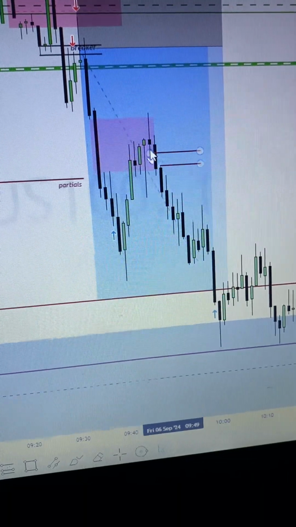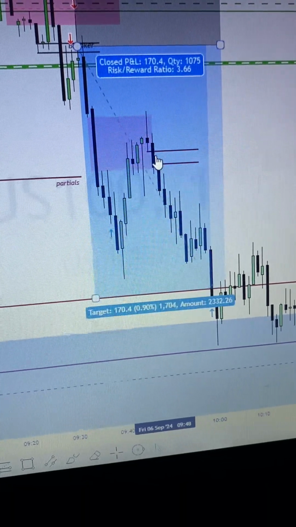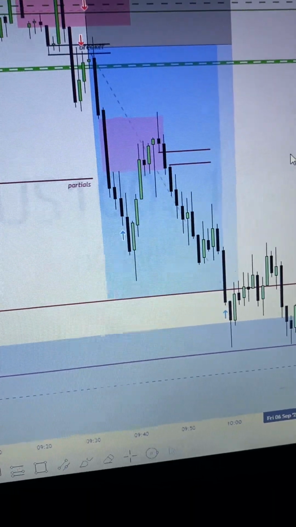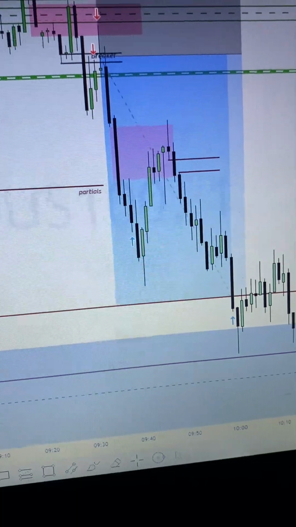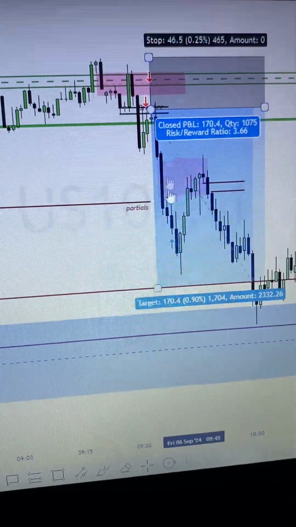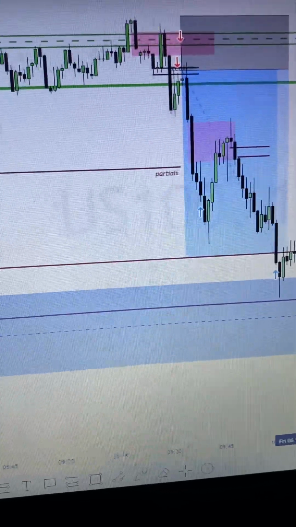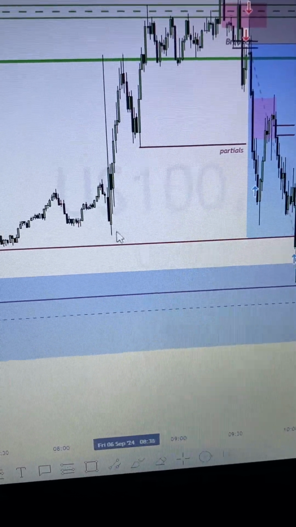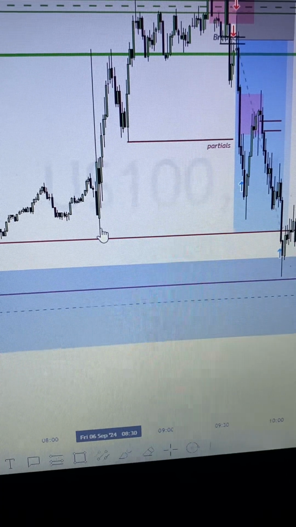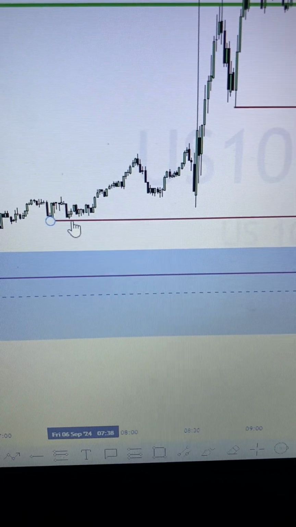Once I saw this fair value gap getting created, I got relieved that I'm hitting my take profit. And mind you, this was the first trade of the 3. And then my target wasn't the NFP low. It was these lows. You see this low and this low, they're pretty equal.